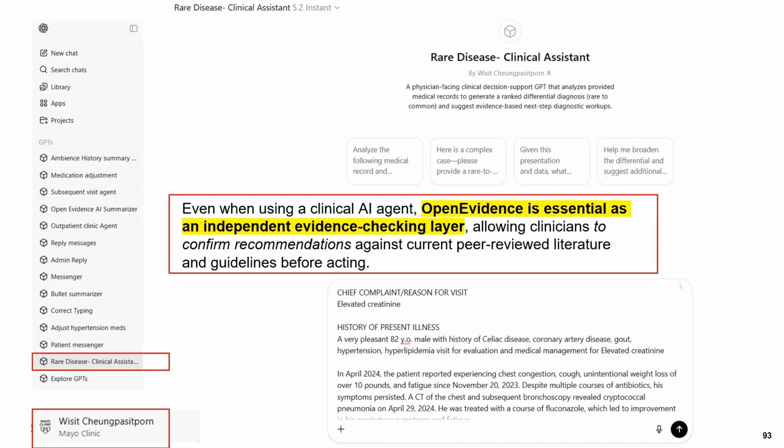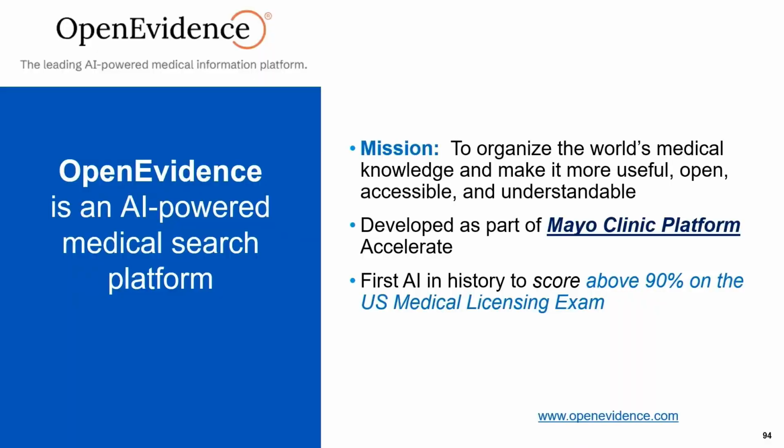So what I do, I use OpenEvidence, and as you know, OpenEvidence is available for those of us who have an NPI, or sometimes we can also submit a request that we are involved in education, and then OpenEvidence will give you the access.